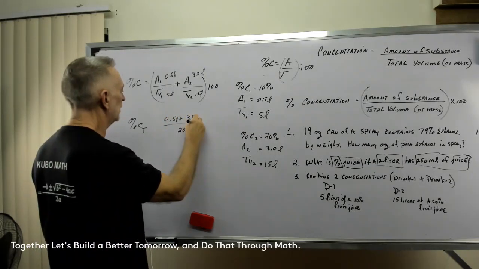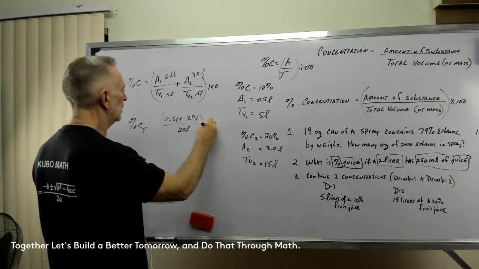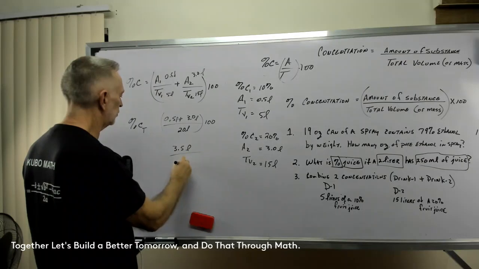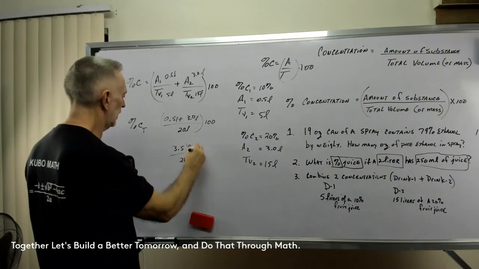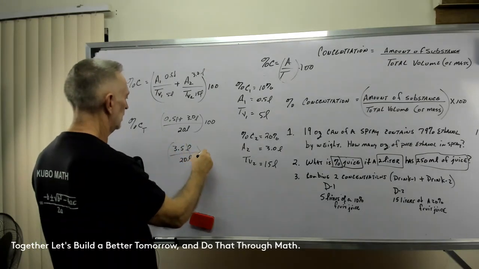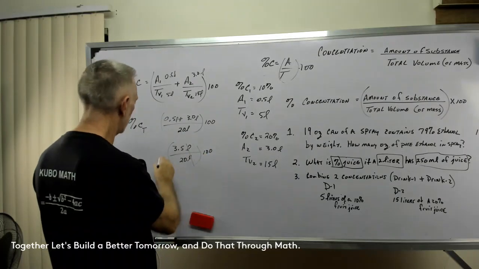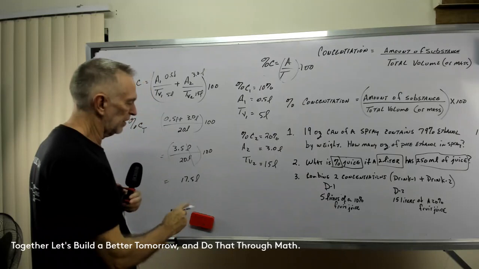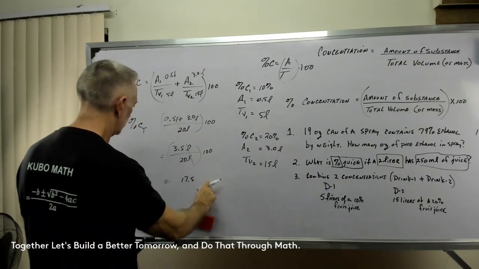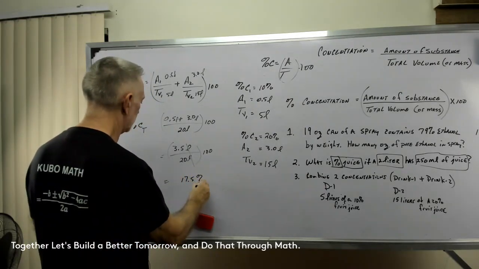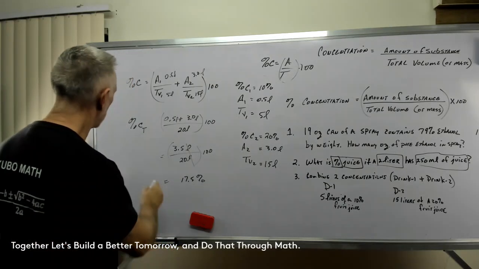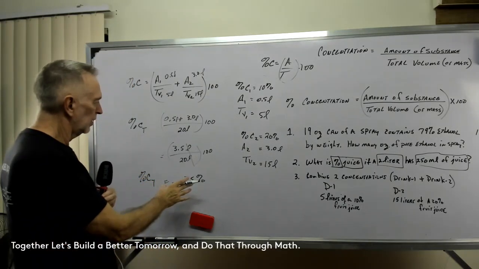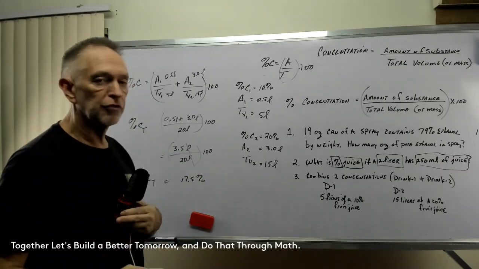These are all in liters, times 100. So I have 3.5 liters divided by 20 liters. Liters cancel, times 100. And that equals, I've done this one earlier, 17.5%. That would be the percent concentration in total by combining those two drinks together.